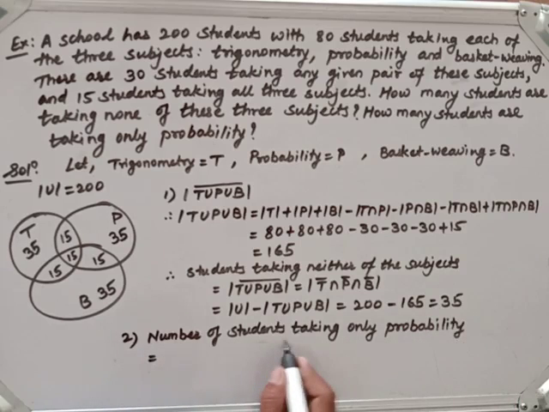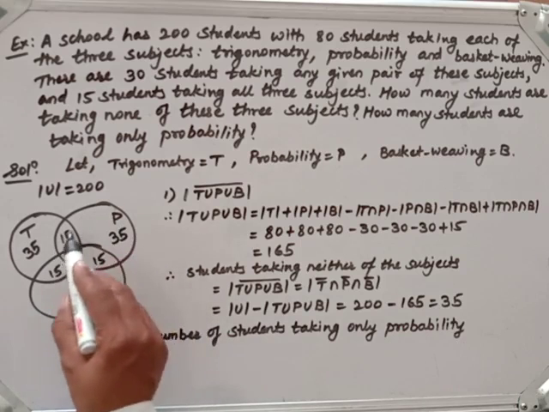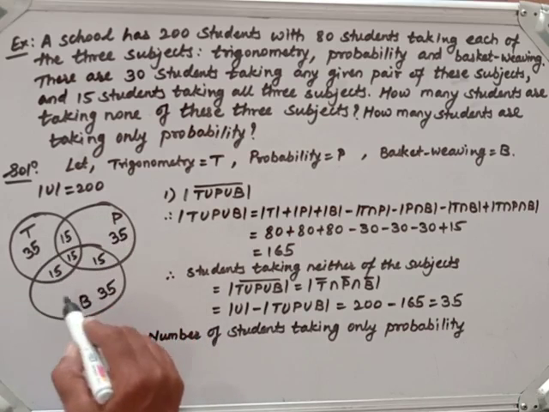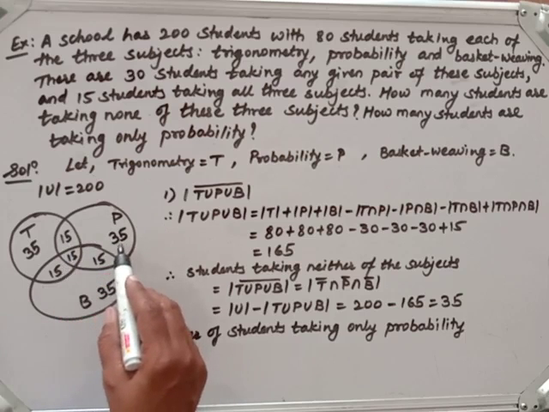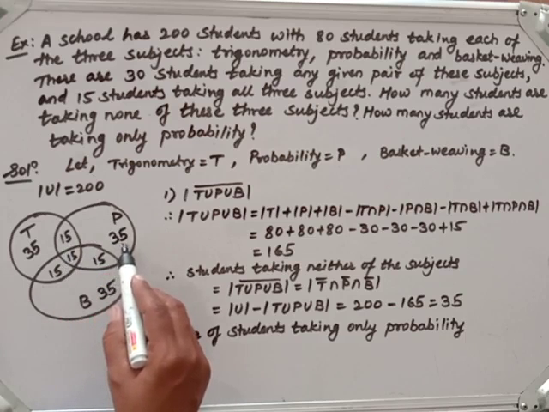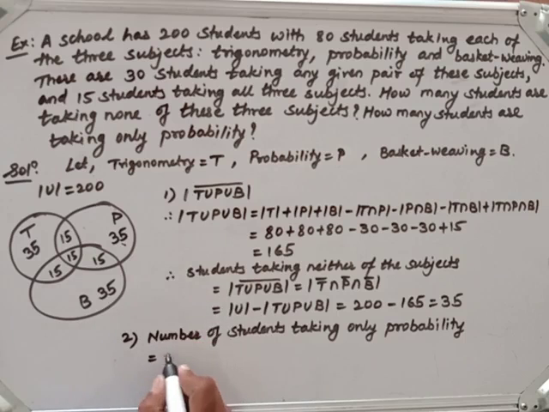That are what? Now only probability. So only this much part. So we won't take this part. So okay, here only probability means how much? From the Venn diagram we can easily find out it. Only probability will be this. This is an intersection. So only probability is how much? Only 35 is this. This is our answer here.